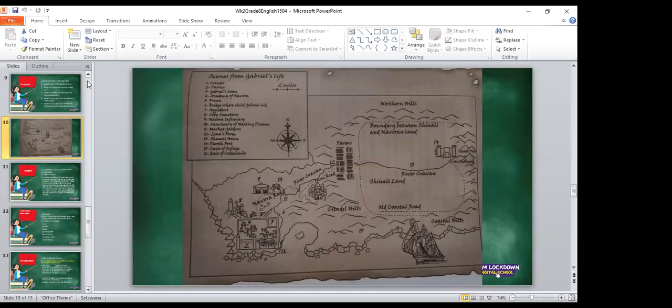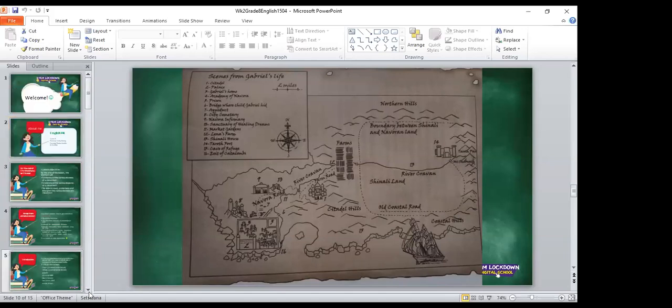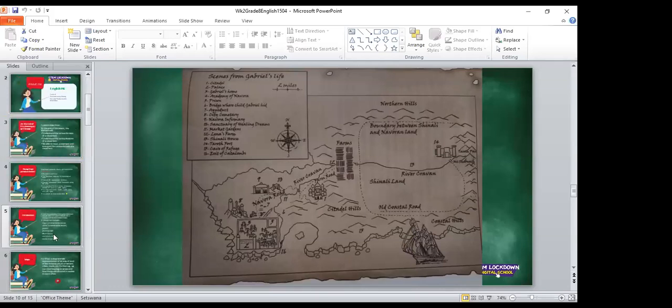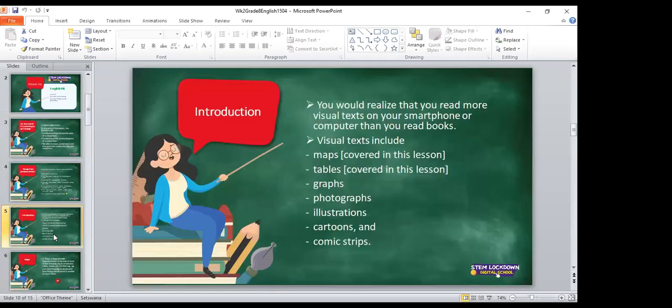Remember what I said previously, that there are types of visual text that you will come across. Let us go through that again. There are some that I believe you have come across so far. There are cartoons, there are comic strips.